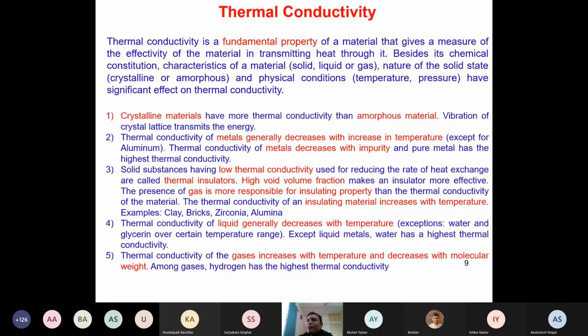Because the thermal conductivity of gas is much lower compared to that of a solid. Therefore, if we use a foam-like structure, even though the thermal conductivity of the actual material is not very low, the effective thermal conductivity of the complete material, which involves the gas entrapped in the voids, becomes much lower.